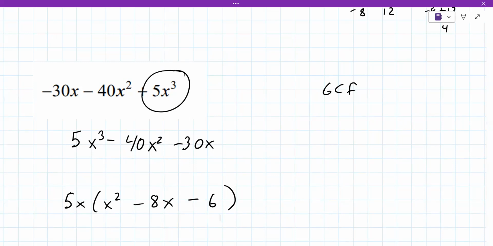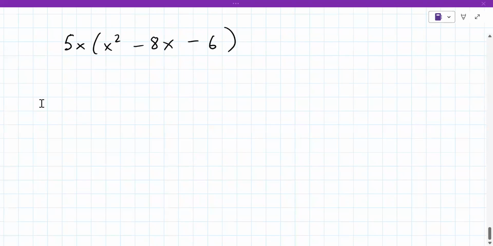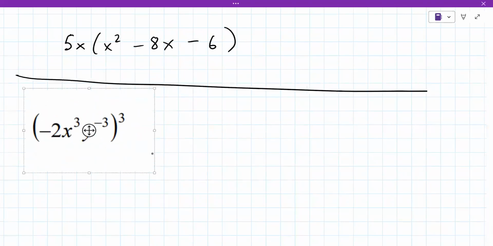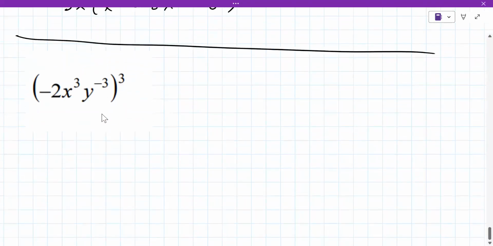Right. Number 10 here. So we're just completely going back to something we did earlier. Could you try simplifying this for us, please?